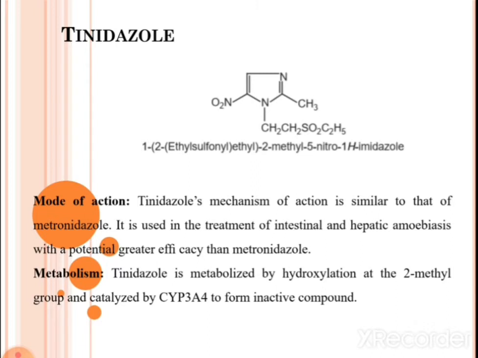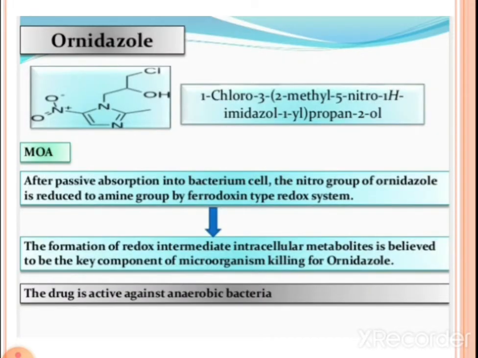Hydroxylation occurs at the 2-methyl position and gives hydroxymethyl metronidazole, and by oxidation the metronidazole acetic acid metabolite is obtained. Here again the hydroxylation is at the 2 position and again catalyzed by CYP3A4 to form an inactive compound. So this is about tinidazole.